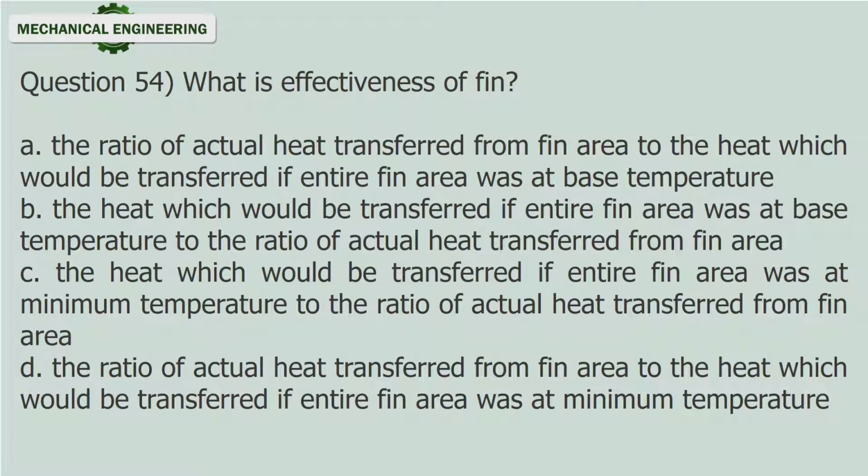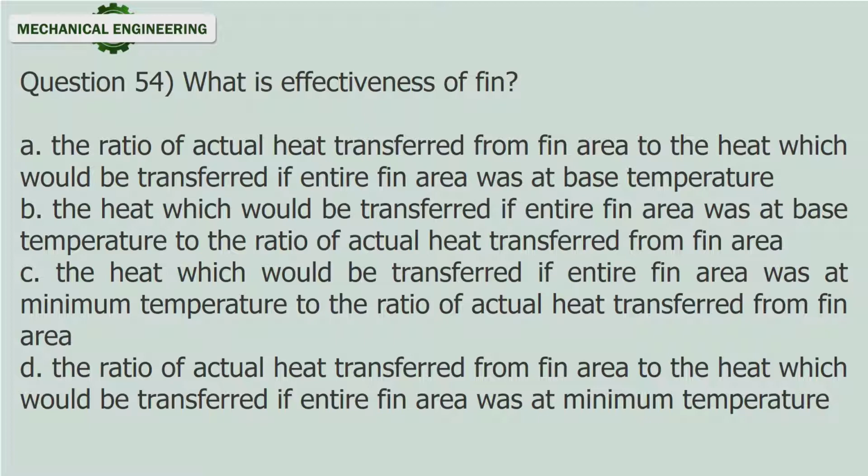Question 54. What is effectiveness of fin? A. The ratio of actual heat transferred from fin area to the heat which would be transferred if entire fin area was at base temperature. B. The heat which would be transferred if entire fin area was at base temperature to the ratio of actual heat transferred from fin area. C. The heat which would be transferred if entire fin area was at minimum temperature to the ratio of actual heat transferred from fin area.